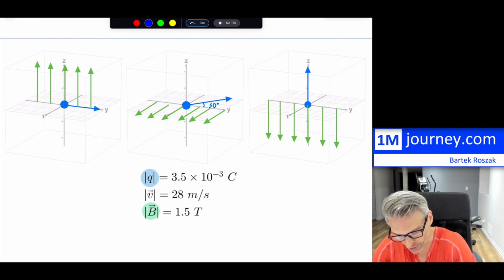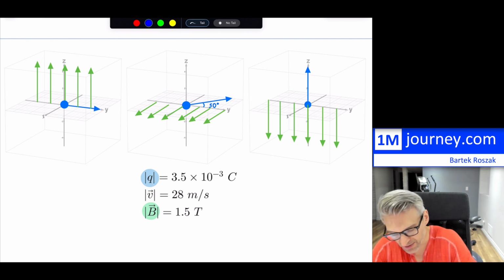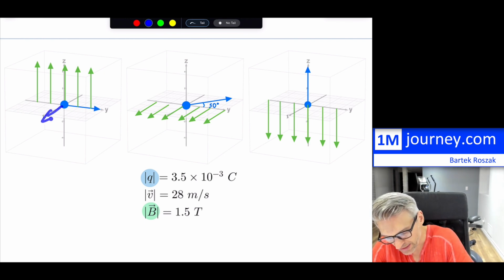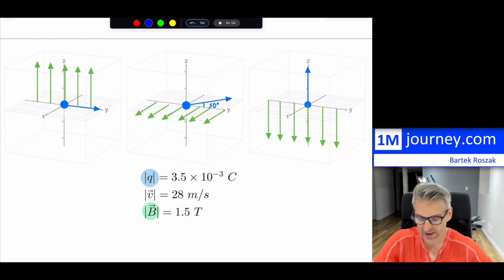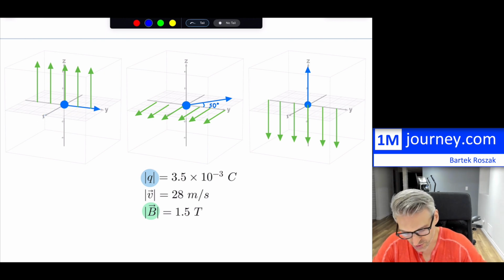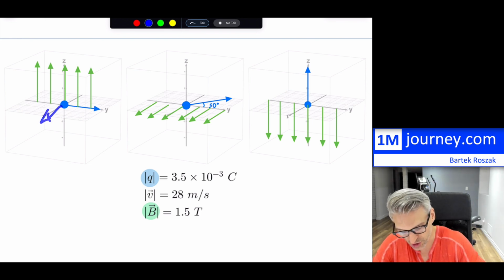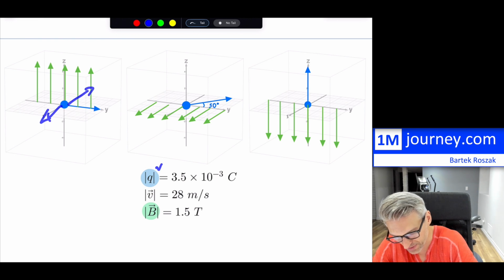And now you're going to curl your fingers towards it, so it's going to be curled in this direction. What does that mean? If you curl it in that direction, your force, if the charge is positive, is going to be along this direction. If the charge is negative, it would be in the opposite direction.